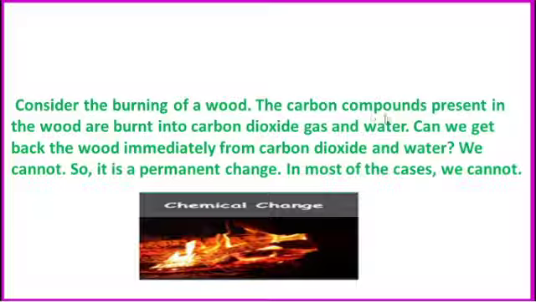The carbon compounds present in the wood are burnt into carbon dioxide gas and water. Can we get back the wood immediately from carbon dioxide and water? It's not possible. We cannot. So, it is a permanent change.